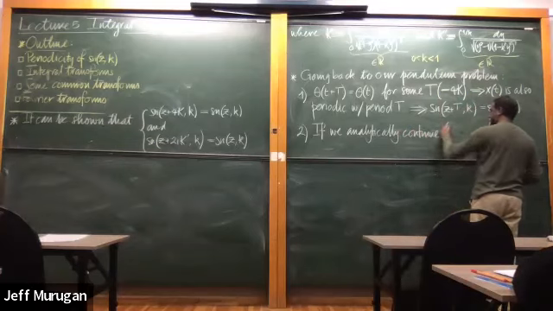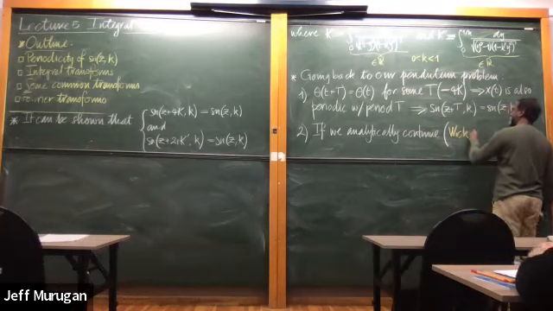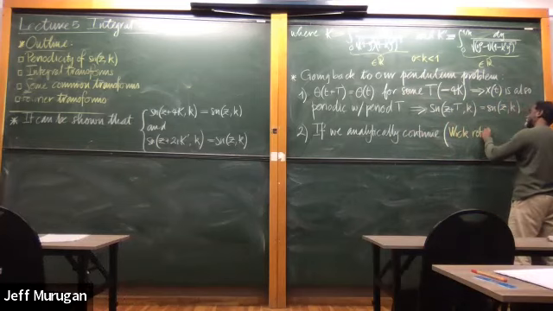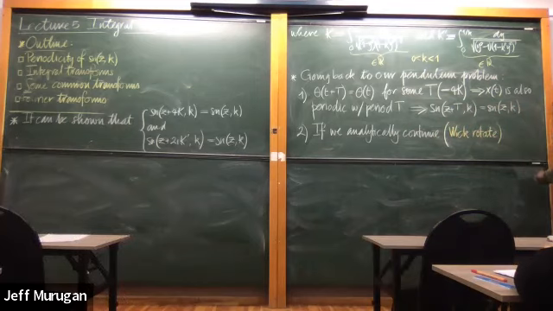or equivalently Wick rotate, those of you who are doing physics may have seen this before already. This is a Wick rotation, and it's defined by sending t to i t.